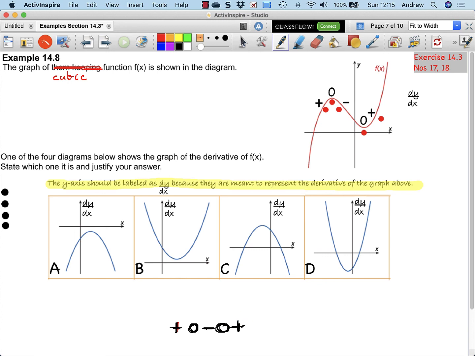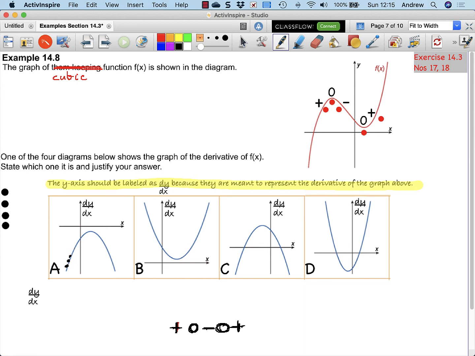Okay, so what we're going to do now is look at these 4 pictures. And when we look at these 4 pictures, we're looking at the value of dy by dx as we travel along the blue line.